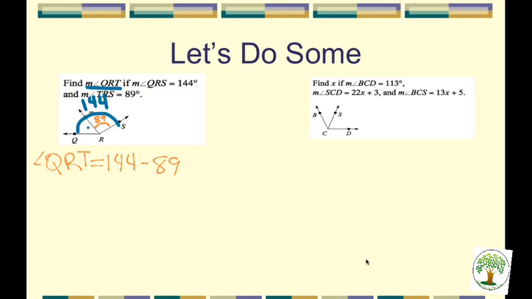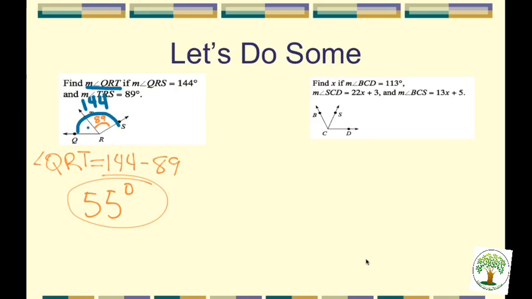I would like you to write at least that you subtracted the two numbers. Can somebody tell me what 144 minus 89 is? 55, I heard. Is that true? Okay, 55 degrees. Fantastic. The reason we subtracted is because if we add those two together, we get 144. We have a missing piece, so we're going to have to subtract.